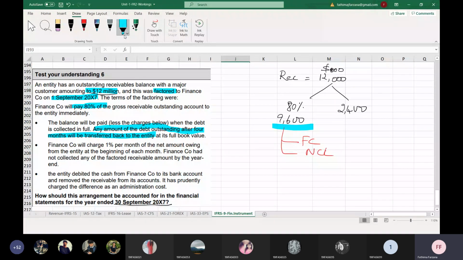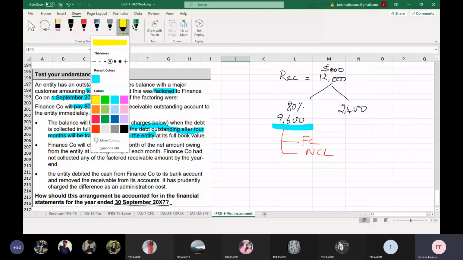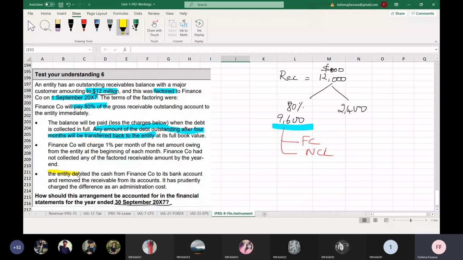See here what treatment they have done. I'll just color it with a different color. See here. The entity debited cash from this money and removed the receivables from its account. They debited cash and credited receivables. That's how you will remove, no? So they actually canceled the receivable. They removed it from the financial statement.